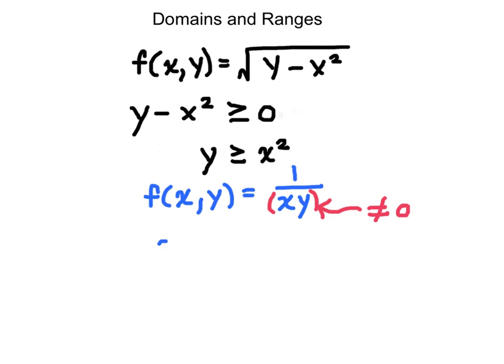So we say that x times y cannot equal 0. The domain of a function is assumed to be the largest set for which the defining rule generates real numbers, unless the domain is otherwise specified explicitly. The range consists of the set of output values for the dependent variable.